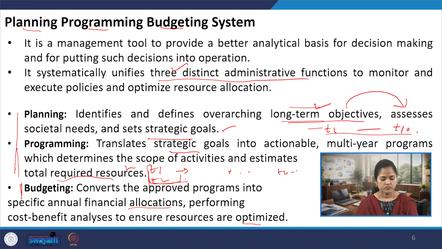So, under this planning, programming and budgeting system, we can monitor a particular task or program or policy, involving adequacy in planning, programming and also the budgeting. The last part is the budgeting, which emphasizes that the financial allocations should be optimized and based on the analysis of benefit and cost.